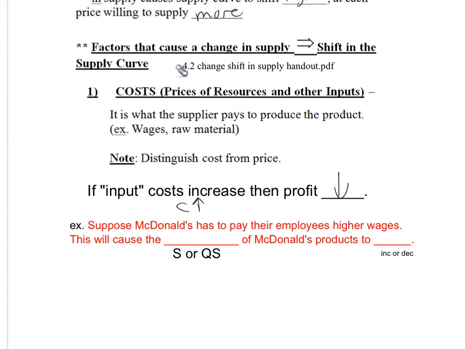Suppose McDonald's has to pay their employees higher wages. That means their input costs have gone up. That's sad, so it causes McDonald's to decrease the supply. It is not a change in the price of McDonald's, so therefore it's a cost, an external factor, that causes the supply curve to shift.